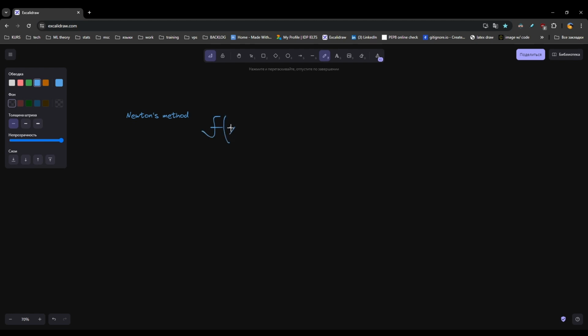And Newton's method allows us to iteratively find roots of some function f of x. And roots are such x's in which our function is equal to 0.